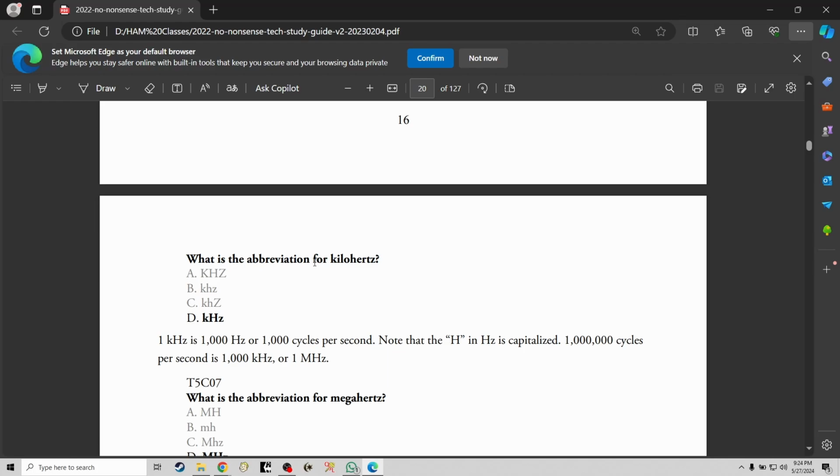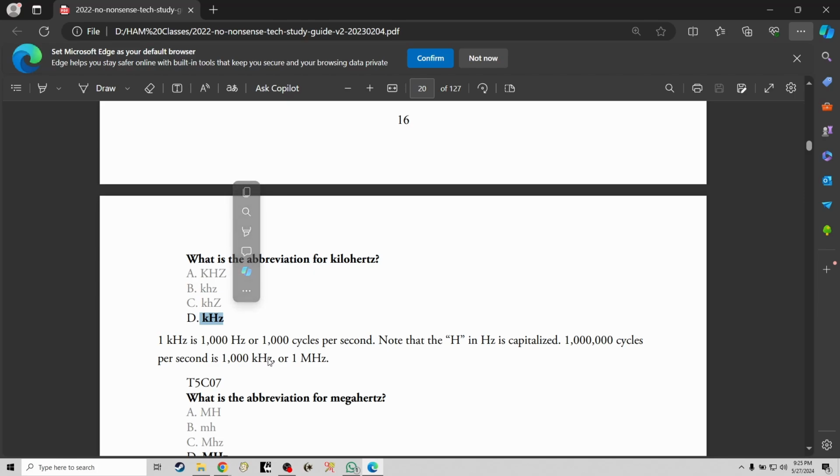the abbreviation for kilohertz. Kilohertz. All right. Please, lowercase k, capital H, lowercase z. All right. None of these other ones are correct. Please don't do that. Some people out there in the ham radio world will get really upset if you write it that way.